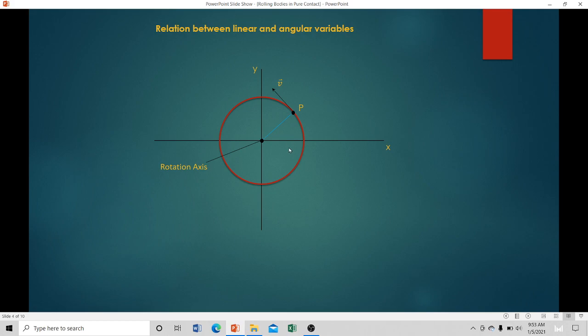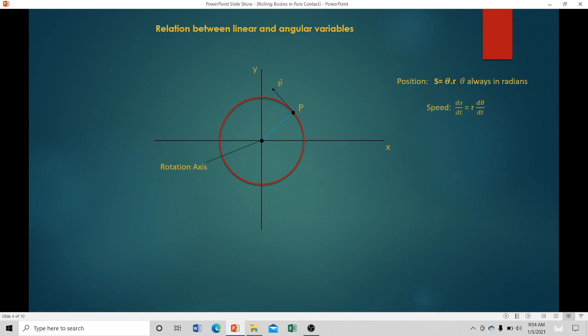So as we increase this radius, the tangential speed at point P also increases. For the position, as we discussed earlier, s is equal to theta r, where theta is always in radians. For the speed, we have this equation.